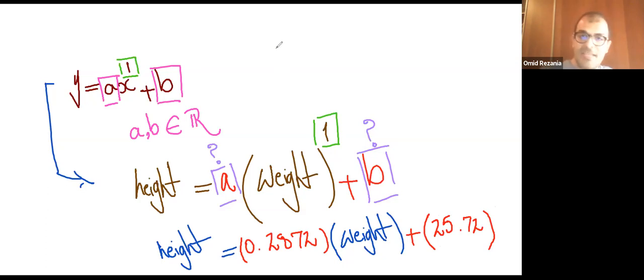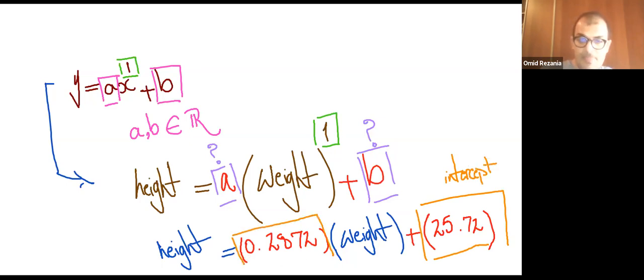This is essentially what we were looking for in our model. This is our intercept. This is going to be what? Our slope of the model.